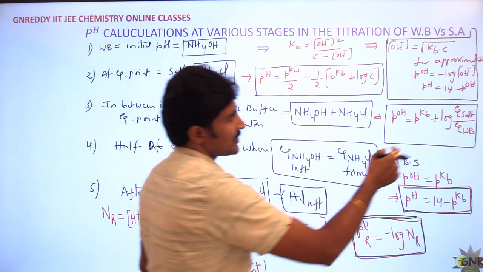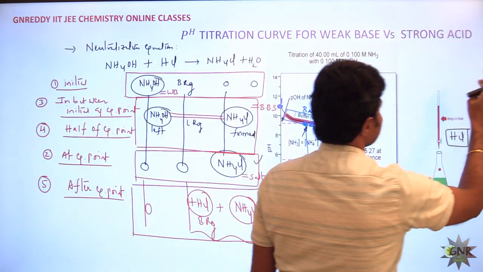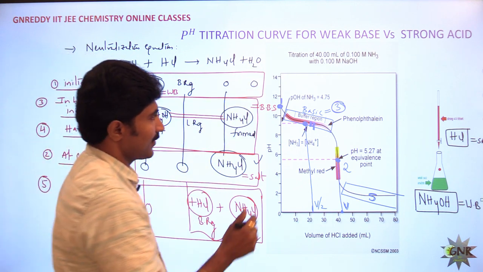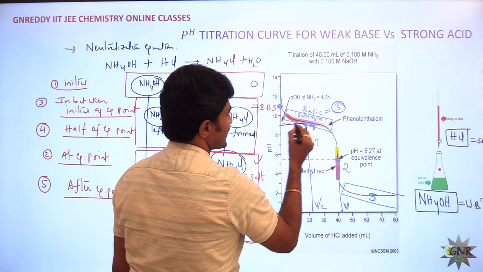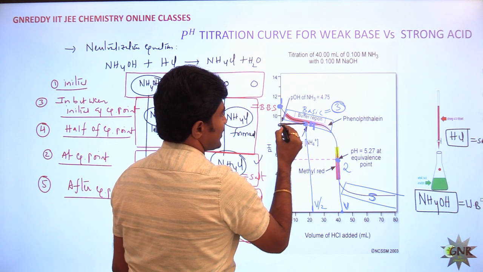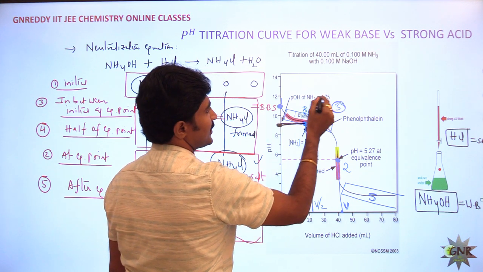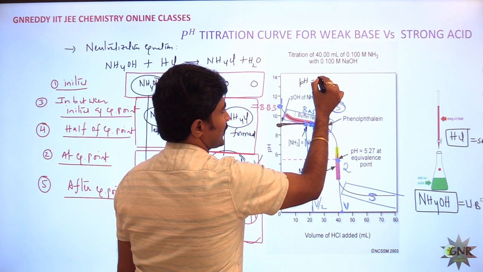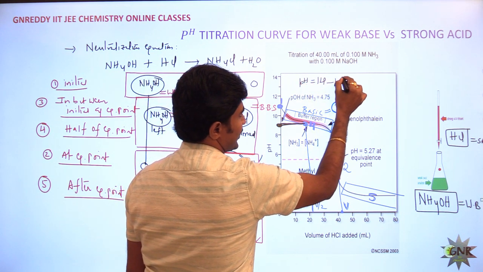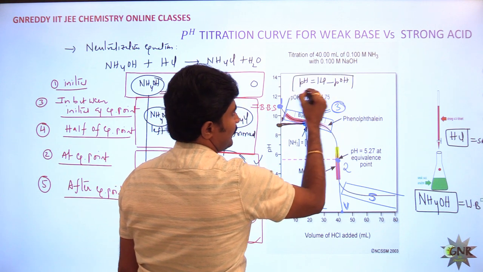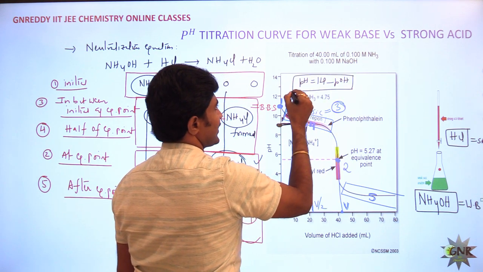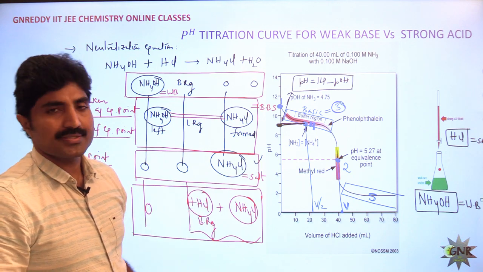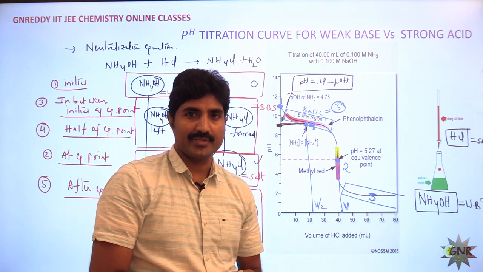These are the different cases present in this weak base versus strong acid titration. Therefore, if you look at this graph, the off-equivalence point pH is equal to 14 minus pOH. So in this titration we have 5 cases.